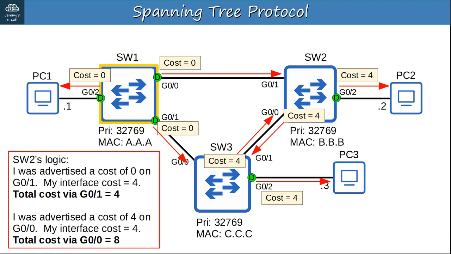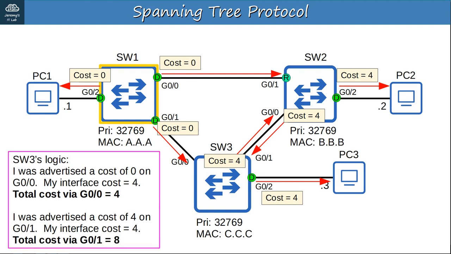However, the cost of its interface is 4. Therefore, the total root cost via G01 is 4. It was advertised a cost of 4 on G00 from switch 3. However, its interface also has a cost of 4. So the total root cost via G00 is 8. So it will select G01 as the root port.